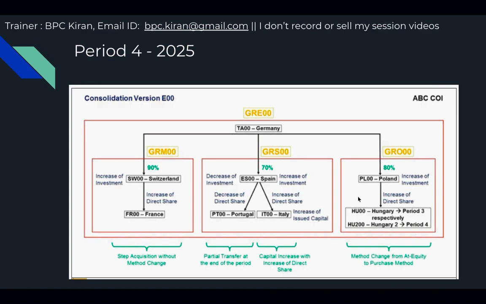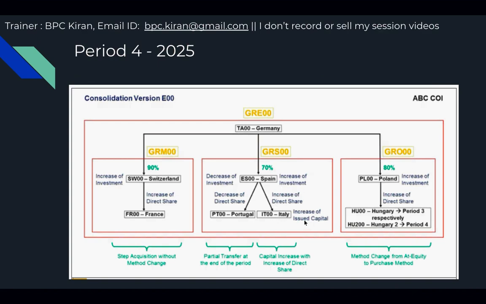From 70 to 50, your 70% investment is decreased by 20%, so 50% will be your investment now. That 20% decrease we call partial divestiture. So we are going to talk about partial transfers and partial divestitures here.